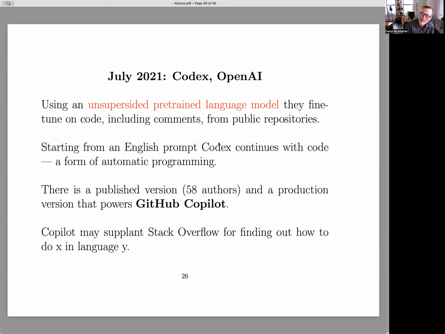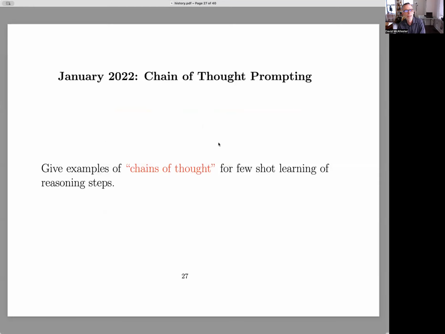The automatically generated code often still has bugs. But GitHub Copilot appeared about this time, and many programmers used that to get an initial version that they then debug for their code. And in that setting, it does improve the productivity of programmers.